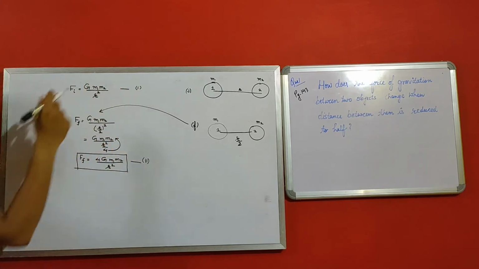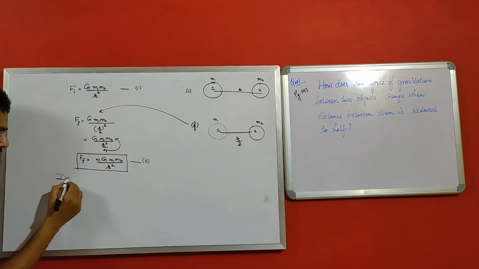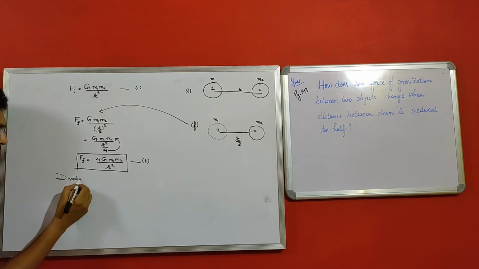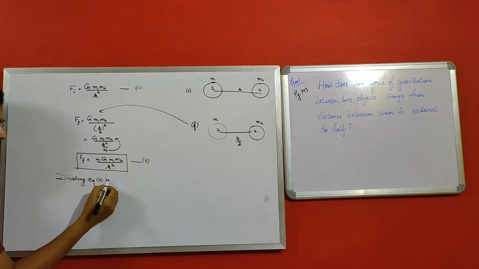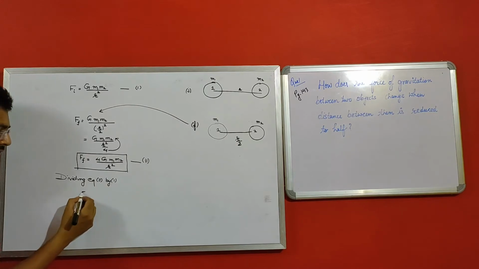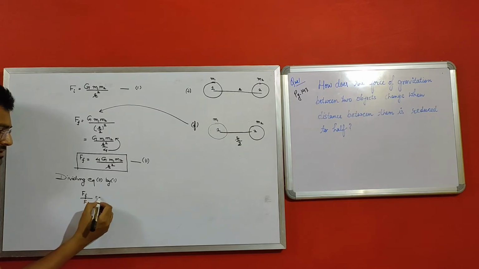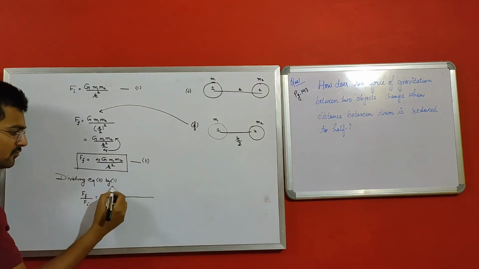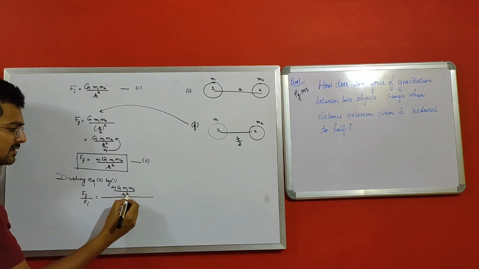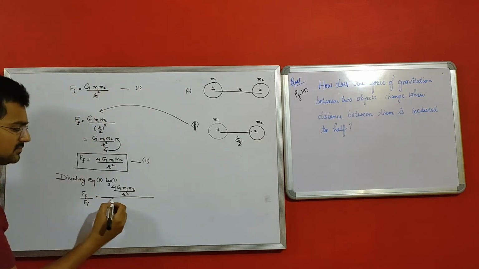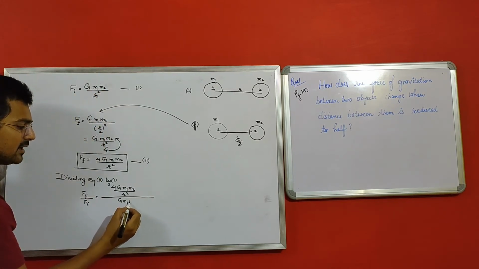Divide equation 2 by equation 1. Hence, on dividing equation 2 by 1, we have final force divided by initial force is equal to, what about final force? This is 4G m1 m2 divided by r square. What about initial force? G m1 m2 by r square.